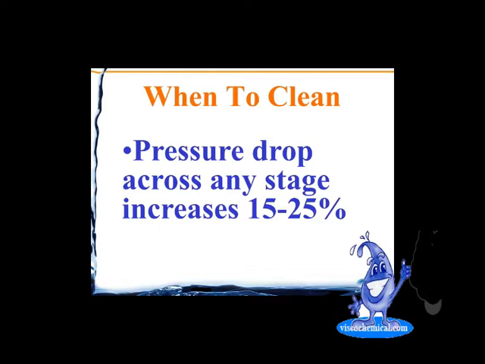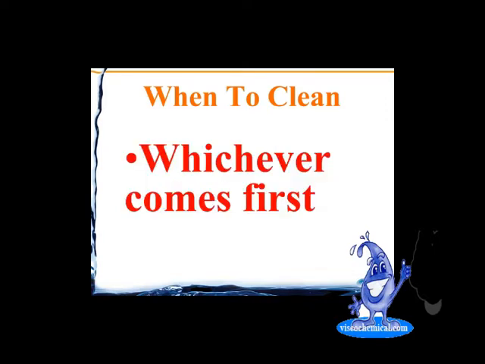If you wait until the pressure drop doubles, then chances are you've got channeling, and your chemical cleaning is not going to be getting you back to new or near new performance in 3 or 4 hours of cleaning. And we want you to clean whichever one of those comes first. Normalized permeate flow drops 10 to 15%, or the pressure drop across any stage increases by no more than 25%.